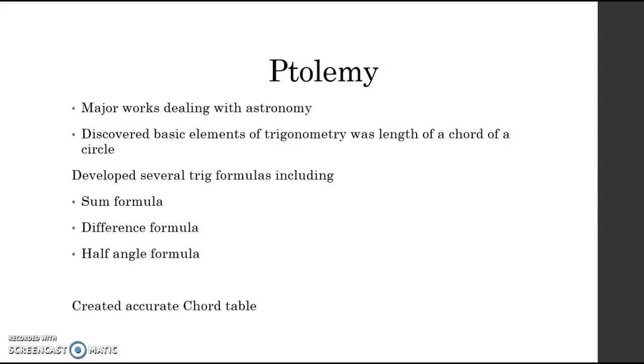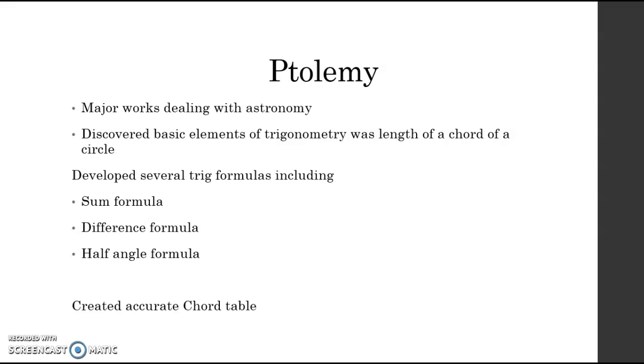Okay, so now we're moving on to Ptolemy. He did some major works with astronomy. One thing that he discovered was how the sun travels. He determined that it travels almost in small circles, which was a quite new discovery. Another thing he did was he basically founded trig, in a sense. His trig was a little bit different from how we view it today.